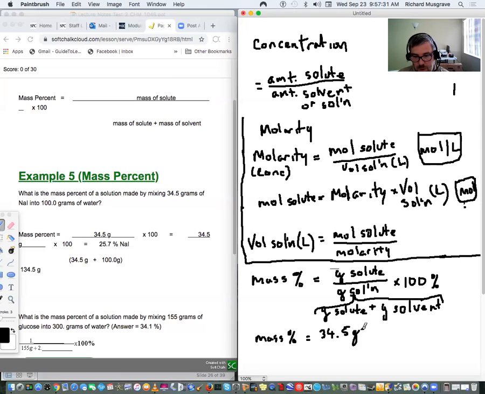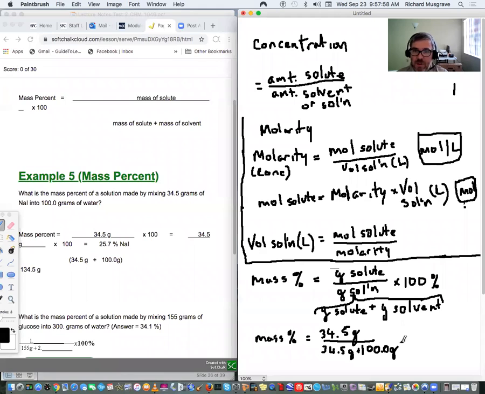Now this is for the sodium iodide, or NaI, but that will be over 34.5 grams plus the 100.0 grams of water. The biggest mistake I see people make here is they'll just use the 100.0 grams of water, but that would just be the solvent. It needs to be the solution.